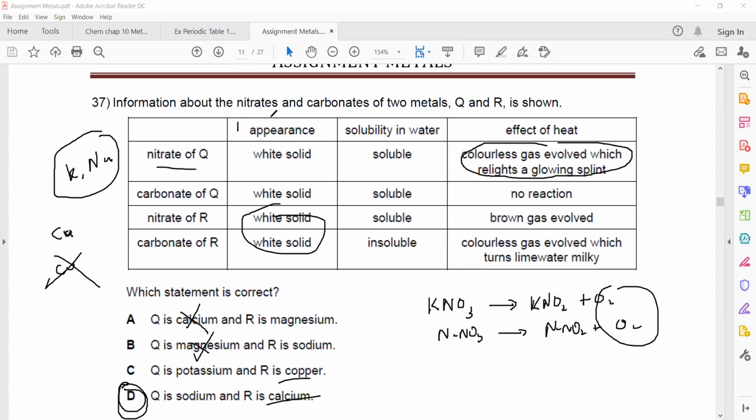That's why the appearance was given, because without the appearance you cannot identify. Both of them decompose in the same manner, but copper compounds are colored compounds, whereas calcium is a white solid because of group 1, 2 or 3 compounds.